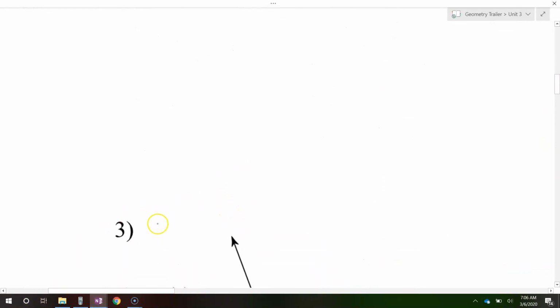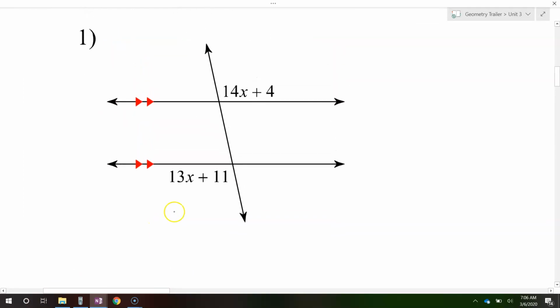Okay, so problem number 1. What kind of angle pair is this? Hopefully you can see that these are alternate exterior angles. And since the lines are parallel, these will be congruent. So that allows me to say that 14x plus 4 should equal 13x plus 11.